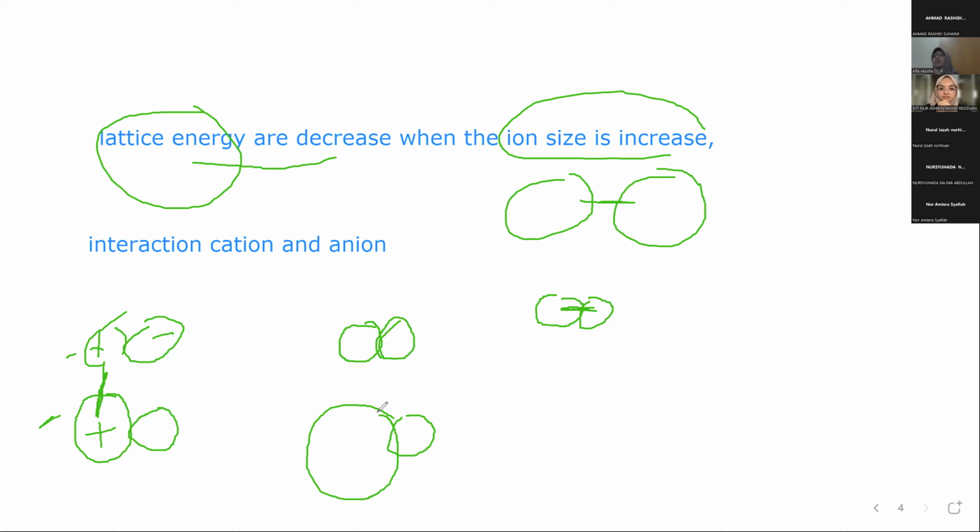How about the interaction between two oranges, or an orange and an apple? This is an orange and an apple. This is an orange and a watermelon. So how about the interaction?